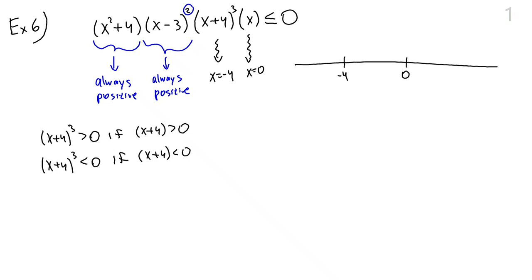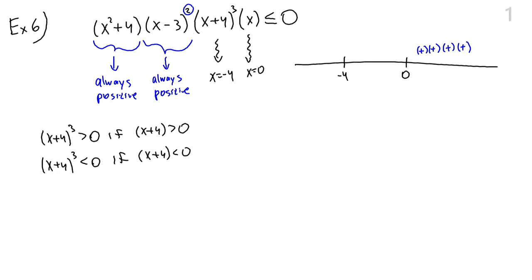So we're just looking at x plus 4 cubed times x. So if we're greater than 0, then I'll put the first 2 terms here just for visual appeal. The first 2 terms, x squared plus 4 and x minus 3, are always positive. If we're greater than 0, then x plus 4 cubed is positive, and x is also positive because we're greater than 0.